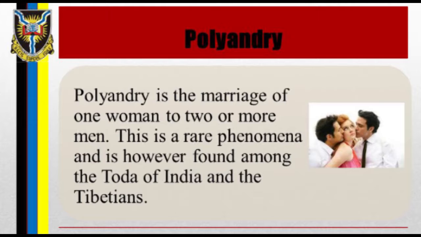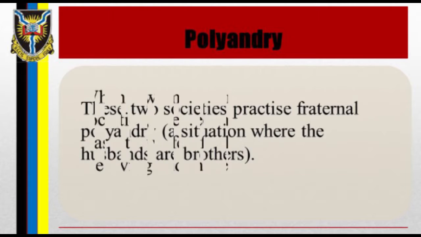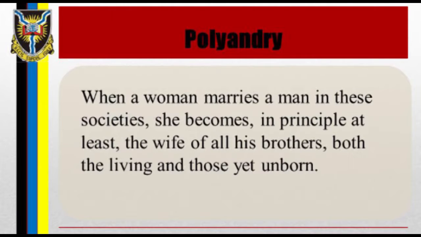Polyandry is rare. It is, however, found among the Toda of India and the Tibetans. These two societies practice fraternal polyandry, that is, a situation where the husbands are brothers. When a woman marries a man in these societies, she becomes, in principle at least, the wife of all his brothers, both the living and those yet unborn.